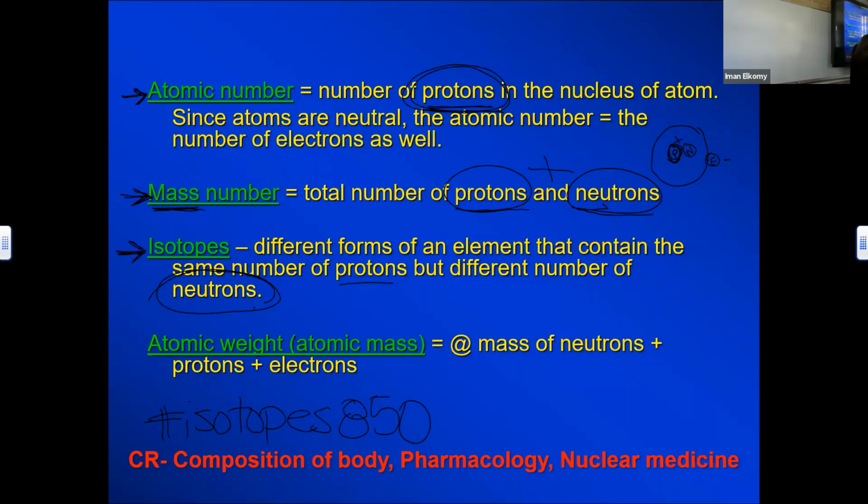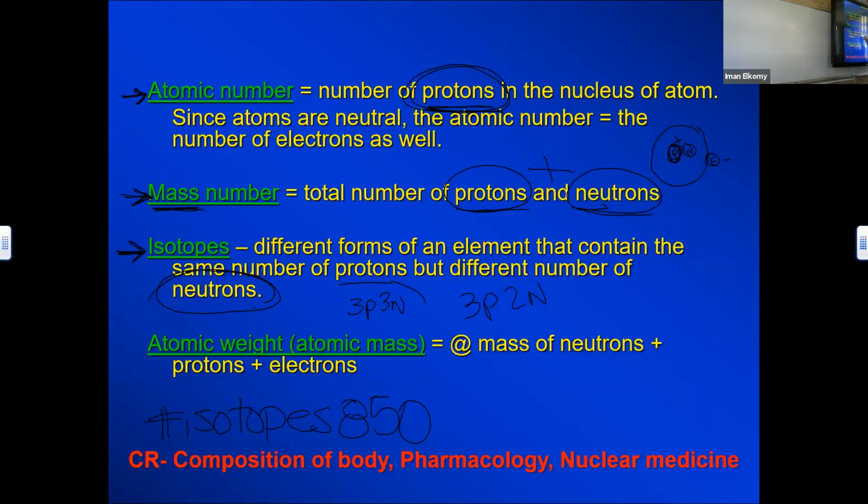If I have the same number of protons, then my atomic number of these two elements is the same, right? But if I differ in neutrons, let's say I have one that has 3 protons and 3 neutrons, the isotope of that would be 3 protons and 2 neutrons.